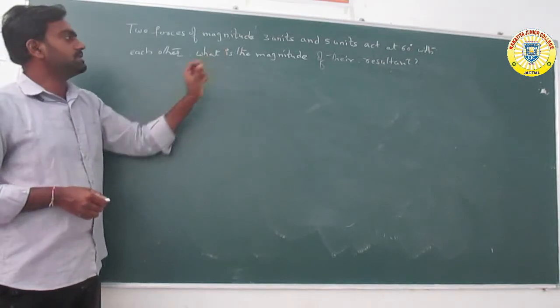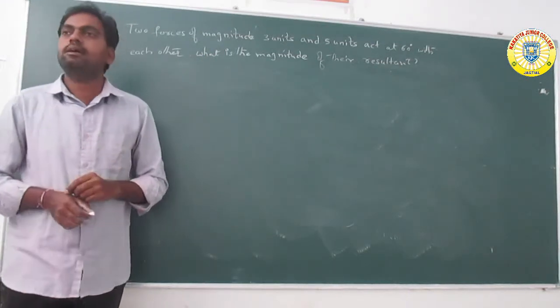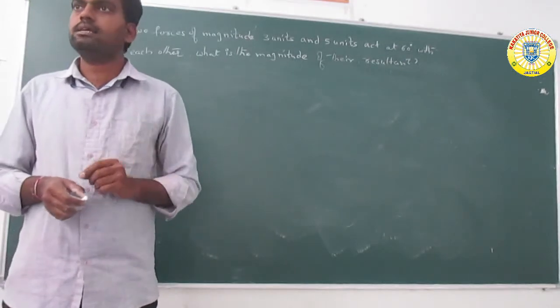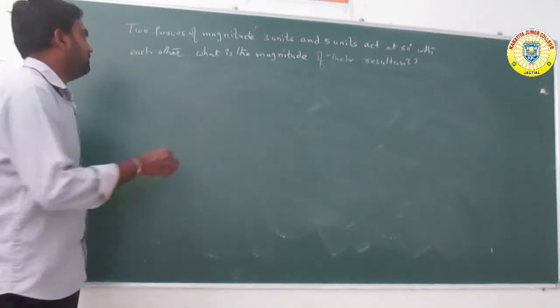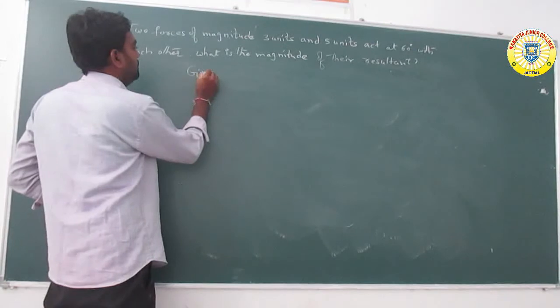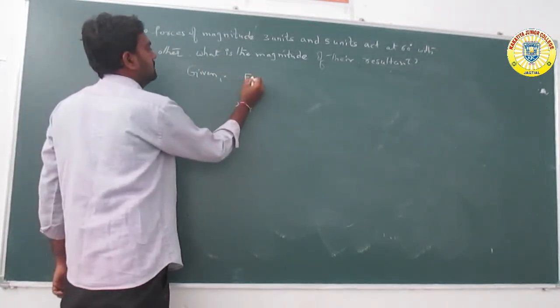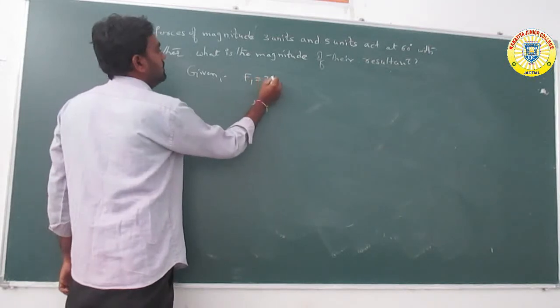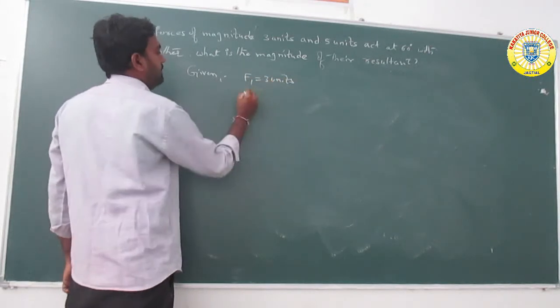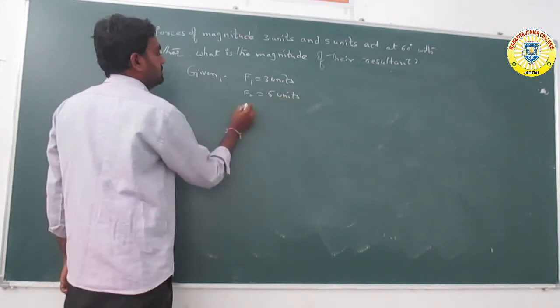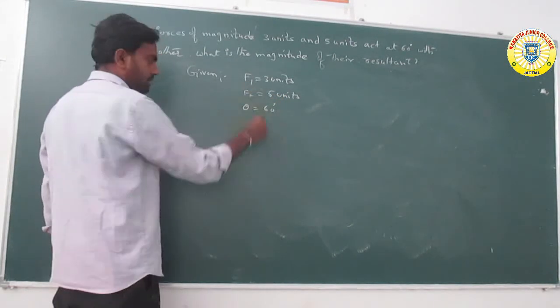What is the magnitude of the resultant? Given information: the two forces, F1 is equal to 3 units, F2 is equal to 5 units, and angle theta is equal to 60 degrees.